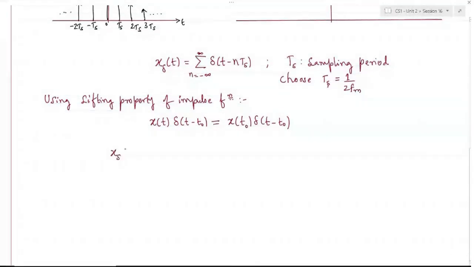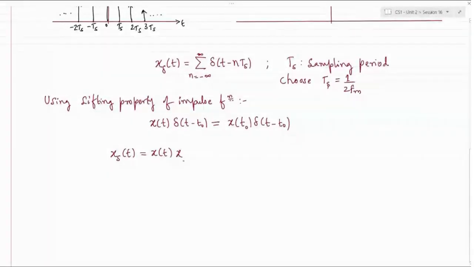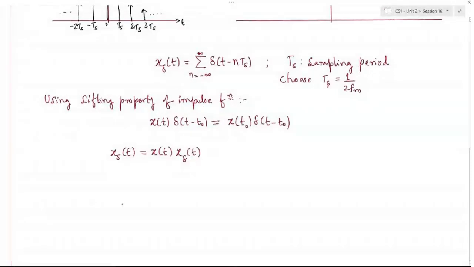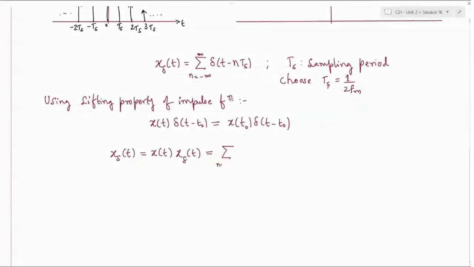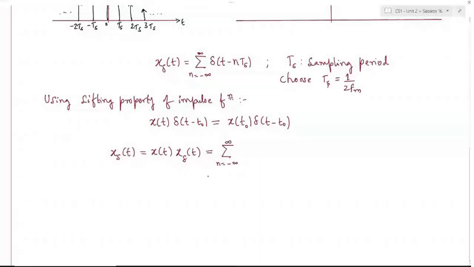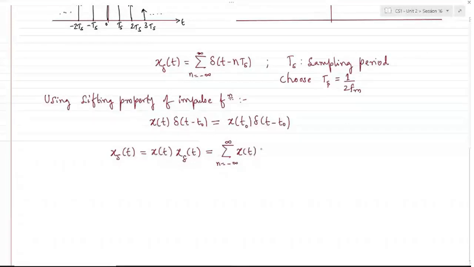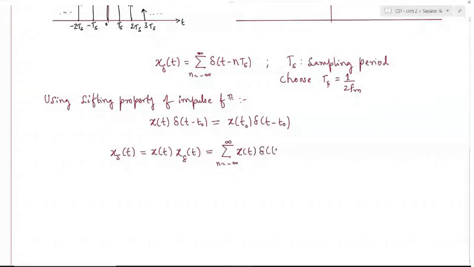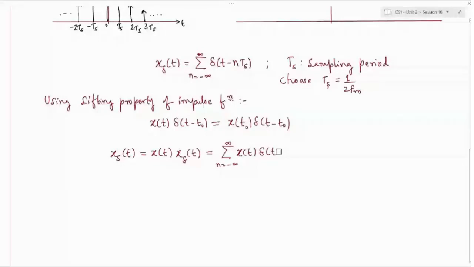With this we can see that our sampled version of the information bearing signal xs of t is the multiplication of x of t times x delta of t, which is nothing but the summation from minus infinity to infinity of x of t, just replacing the definition of x delta of t from this expression, times delta of t minus nTs.